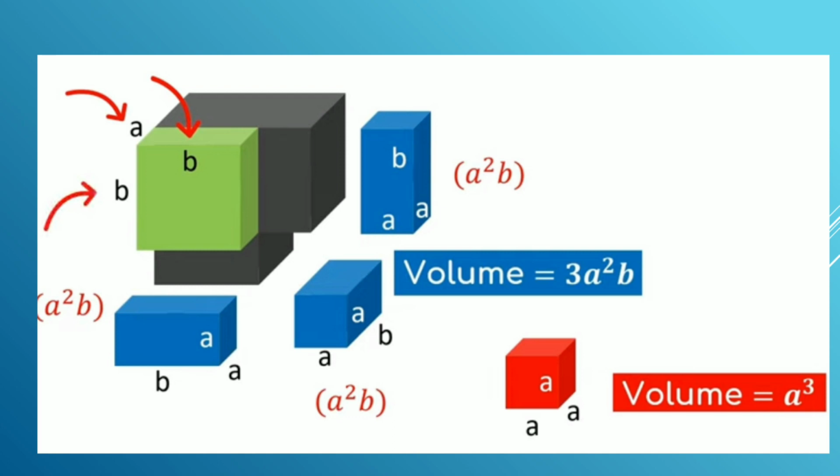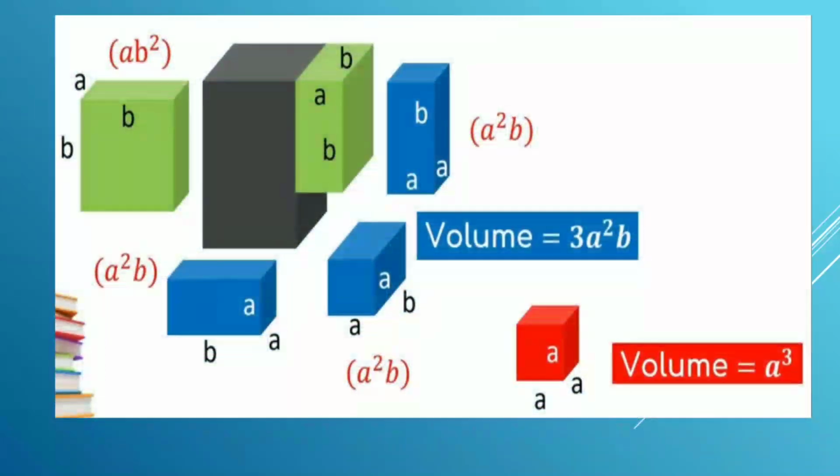At the end, we will combine all these three blue parts, whose volumes are equal to a square b, a square b, a square b. By adding all these, we will get 3a square b. Then we'll come towards the decomposition of the next part.